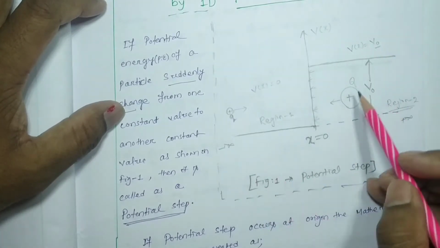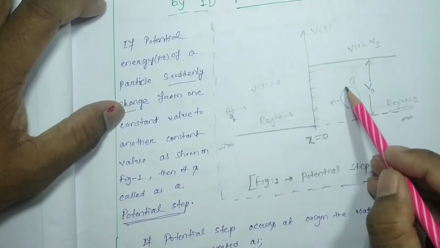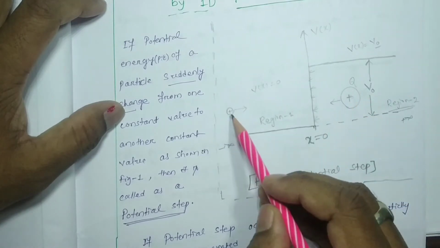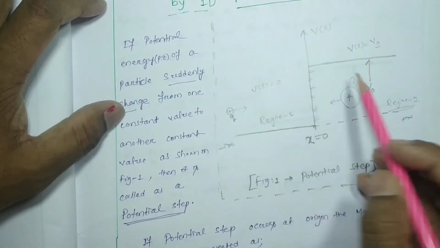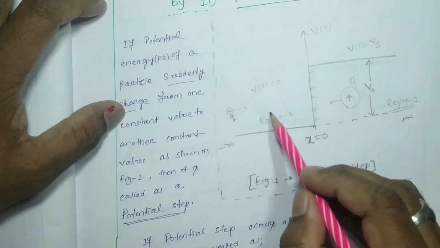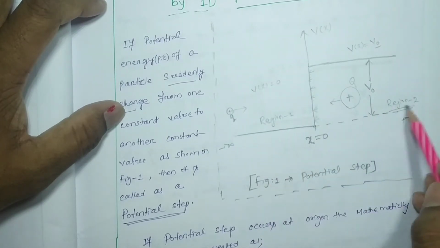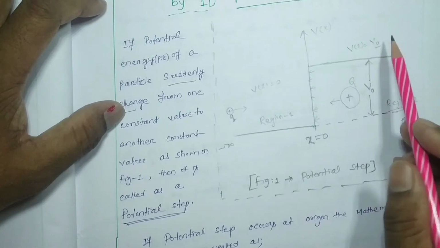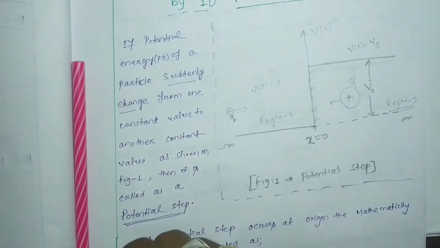Okay, no need to draw these charge symbols. Only you have to write region 1 and V(x) equal to 0, and region 2 with V(x) equal to V0.